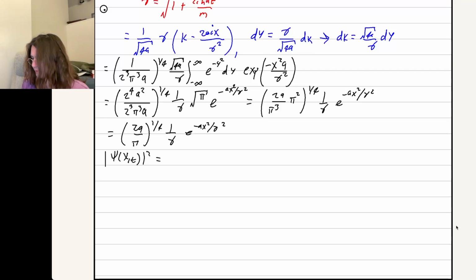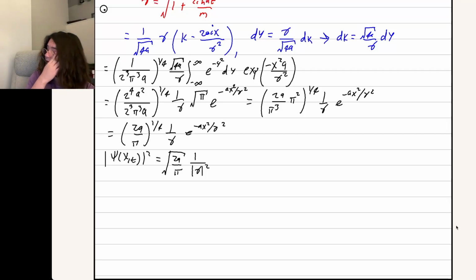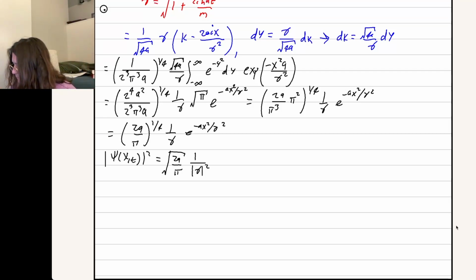So just taking the square modulus of this, we'll have the square root 2a over pi, 1 over, now gamma is a complex variable, so this is going to be the mod squared of that down there.